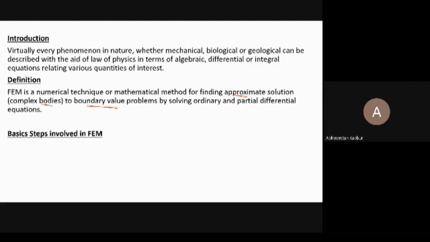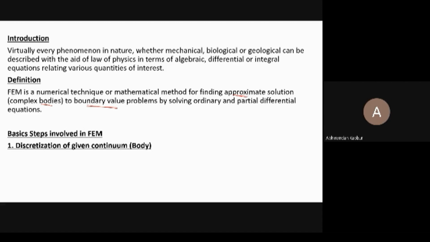Now to begin with the basic steps involved in FEM. As Samarth put some of the points about basic steps involved in FEM, I'll just go step by step. Many books will give many different procedures, but there are 6 main basic steps which are involved in FEM.